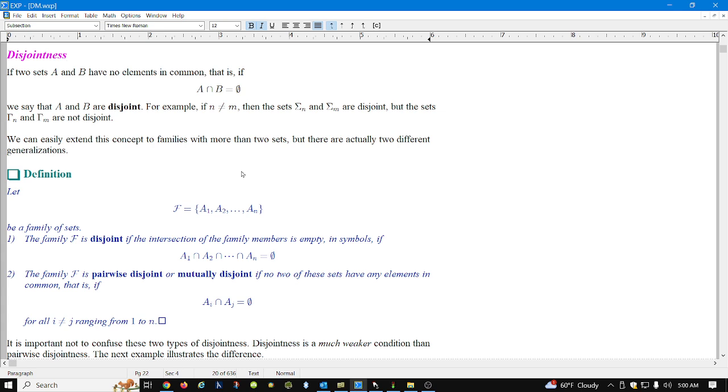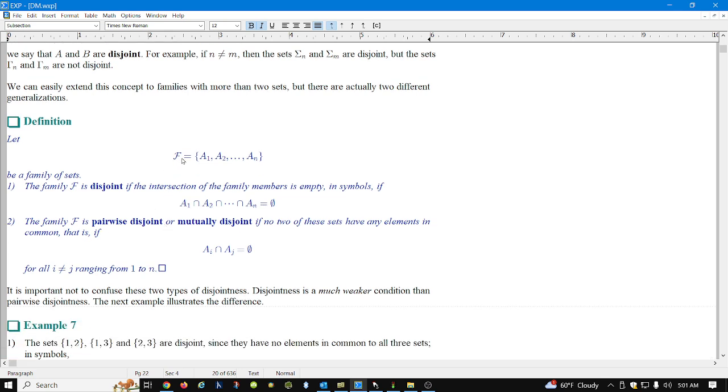Disjointness can easily be extended to more than two sets. But it turns out there are two different generalizations, both of which are important. In fact, one generalization is sort of a direct generalization. That's the lesser important one. So here's the definition. We have a family of sets. This family is disjoint.